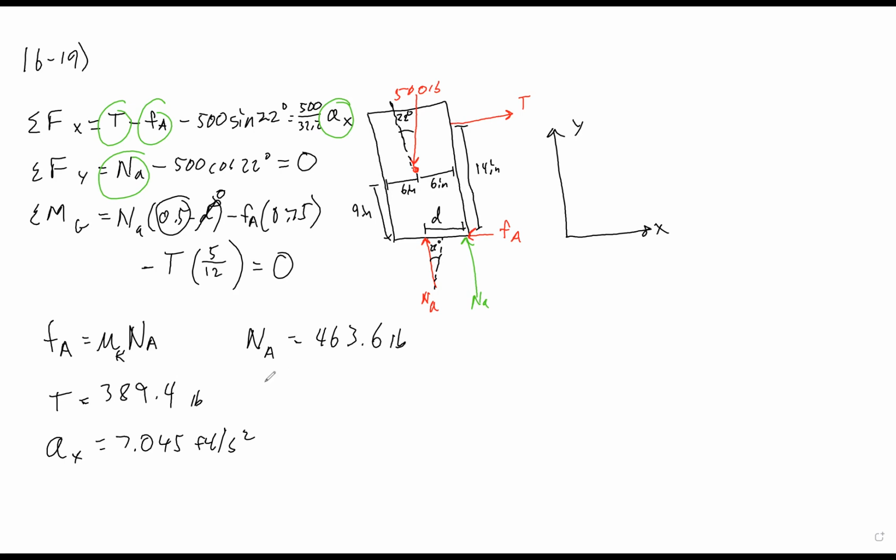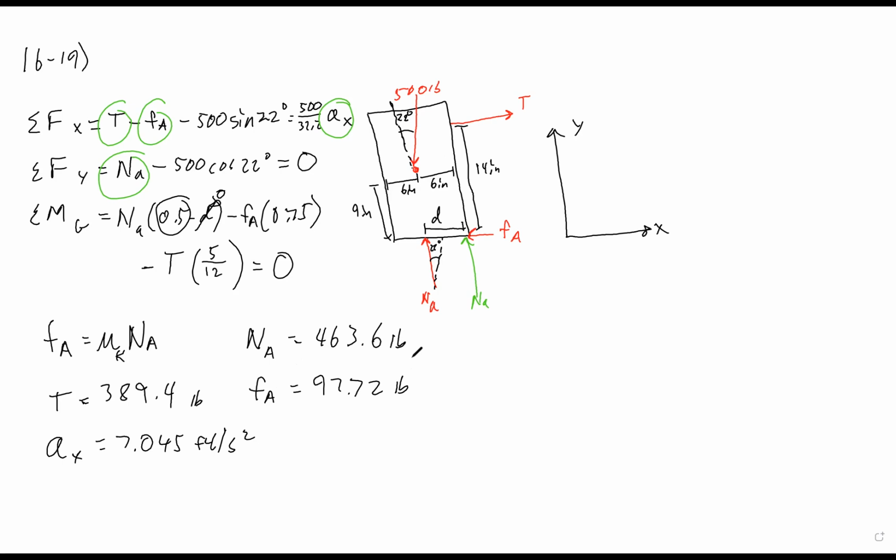And then our frictional force is equal to 92.72 pounds. All right. But this doesn't actually answer our question. The question is that if the kinetic coefficient of friction between block A and the inclined plane is 0.2, determine the maximum permissible weight of the block.